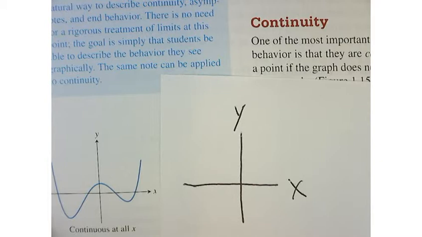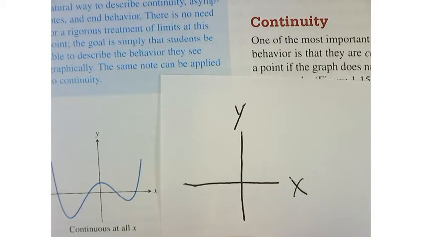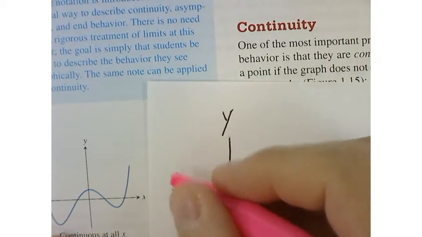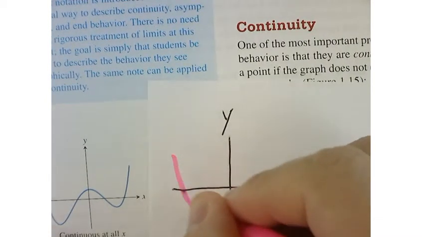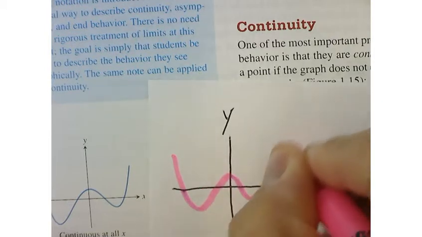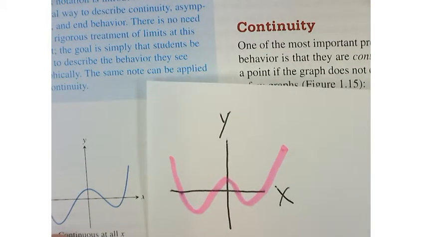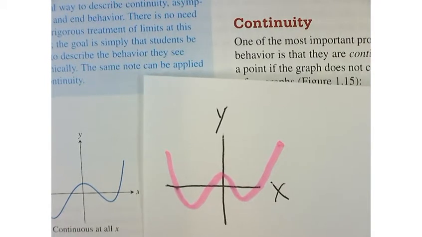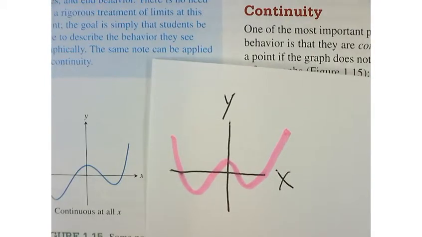And I'll use a marker so you can see it. Now if I were to sketch this graph, watch what I do with the marker. I'm going to come down. Did I lift my marker off of the paper? Not a single time. So that's continuous. Okay, that's an informal way to determine if something is continuous or not.